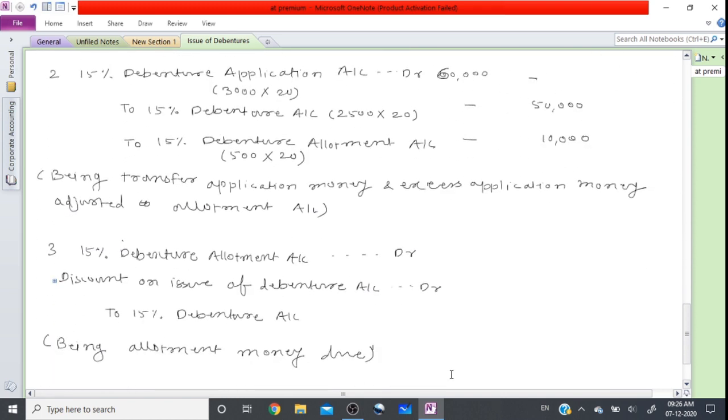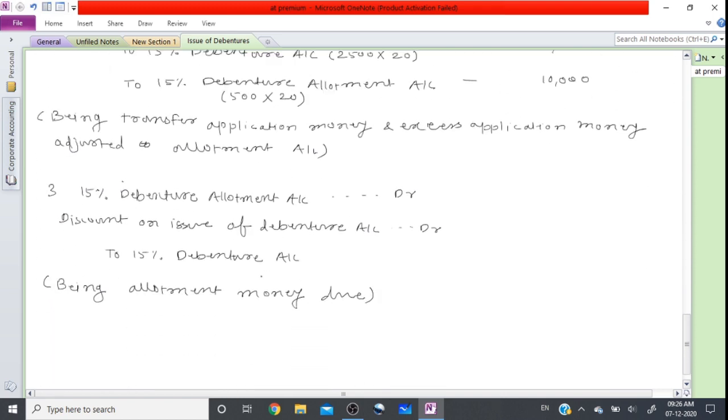So right here this amount: issued application 2500 into allotment money 25. So this amount will be 62,500.